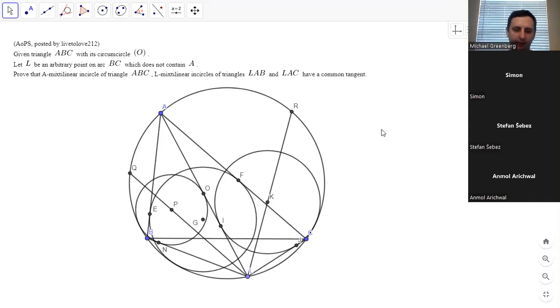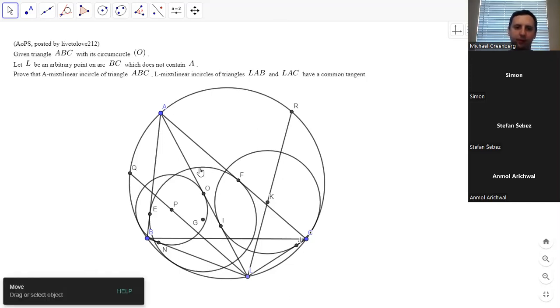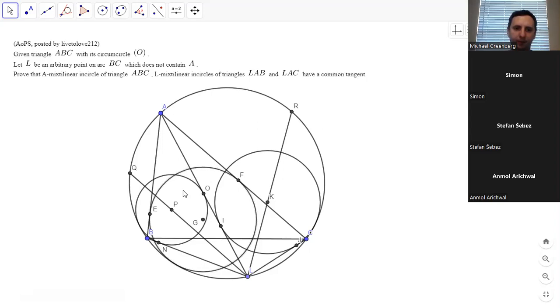So yeah, if we hid the incircle for a second, is there anything special? Or not the incircle, if we hid the A mixtilinear incircle, what can we say about these two circles?